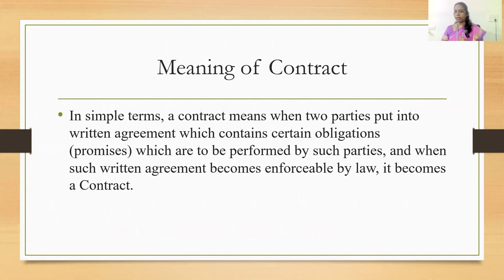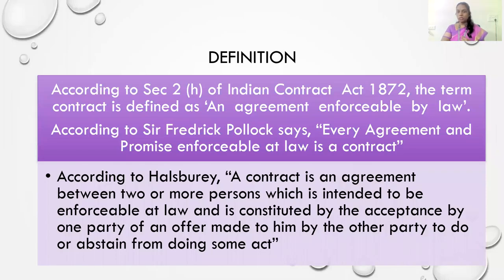So, what do we mean by a contract? In simple terms, a contract is an agreement between two parties where this agreement gives rise to obligations which need to be fulfilled by both the parties, and this is enforced by law. So, contract is an agreement which is enforceable by law.